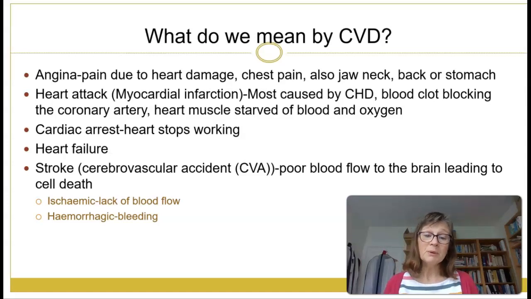But a lot of people have a number of heart attacks, and that causes the heart to function much worse and therefore causes heart failure. And stroke is the other main area. So we're talking about a cerebrovascular accident, which is poor blood flow to the brain that causes a bit of cell death. If there's a blockage, it's an ischemic CVA, or it could be a bleed, so it's a hemorrhagic CVA.